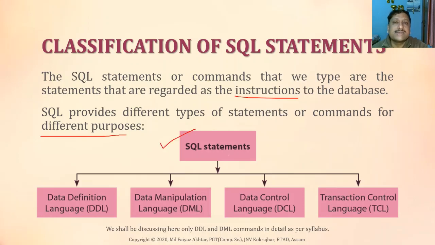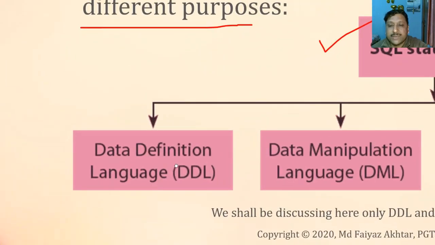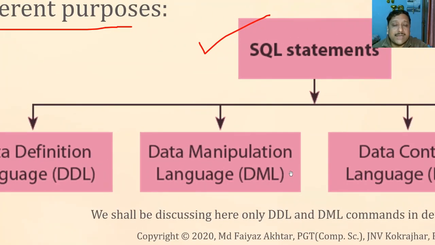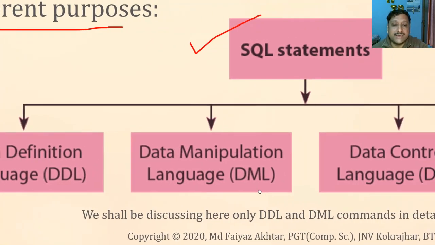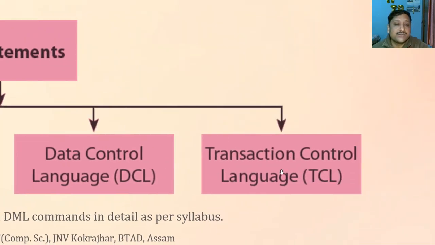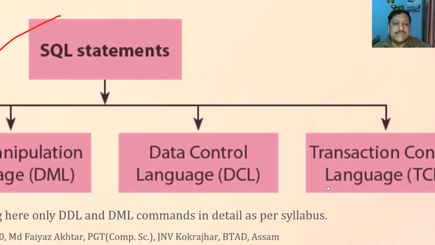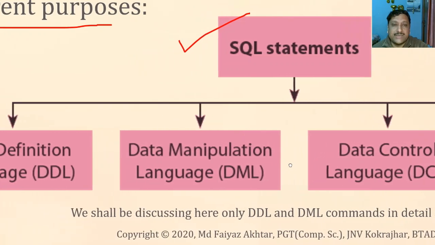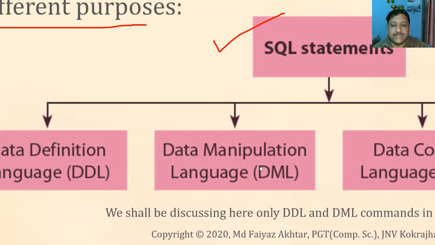Our first category is data definition language, in short DDL. Data manipulation language, in short DML. And data control language, this is DCL. And transaction control language, TCL. DDL, DML, DCL, TCL. These are the categories of SQL statements.